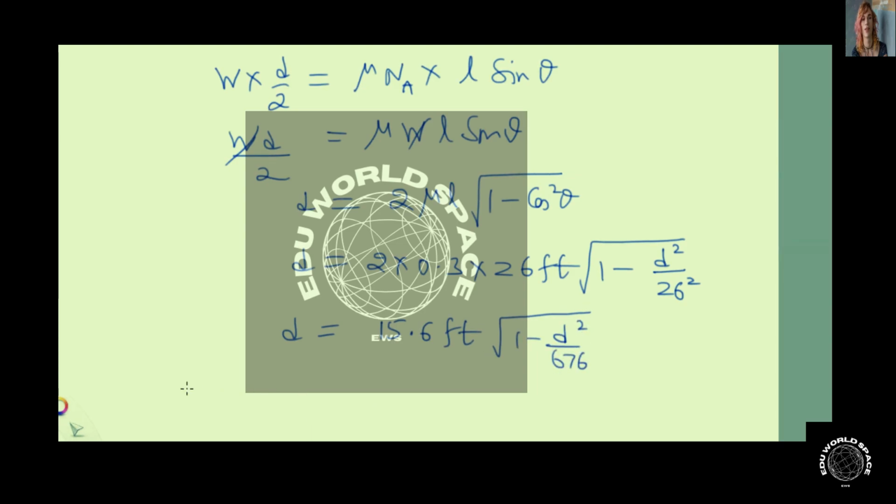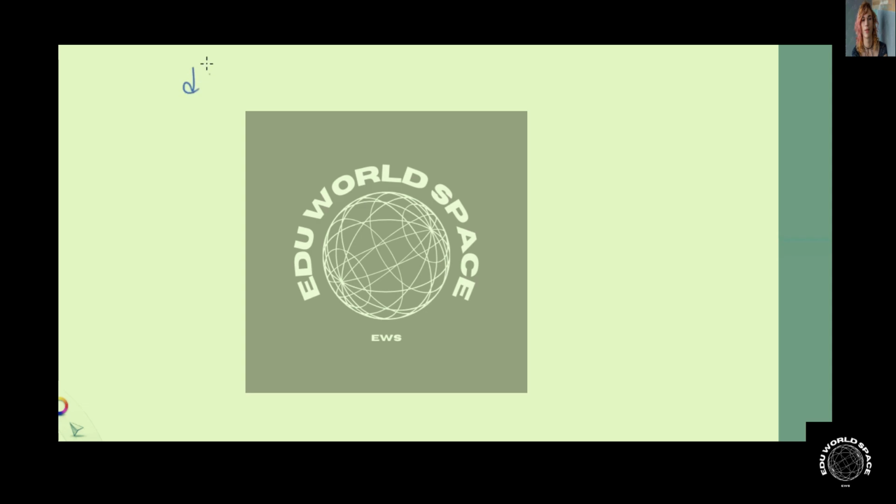Now, squaring both the sides, we will get D square is equal to 243.36 into 1 minus D square by 676, or D square equals, expanding this bracket, 243.36 minus 0.36 D squared.